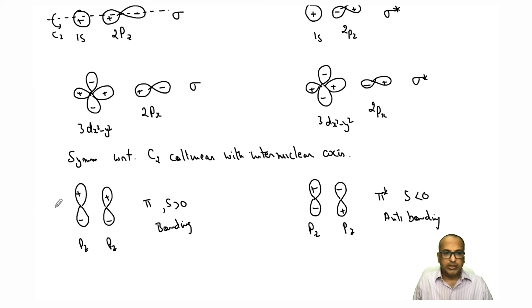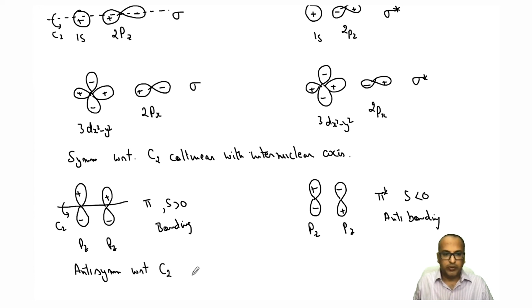So now if we run a C2 through this, this will be anti-symmetric. Anti-symmetric, that is the character under C2 operation will give you a negative sign, -1.